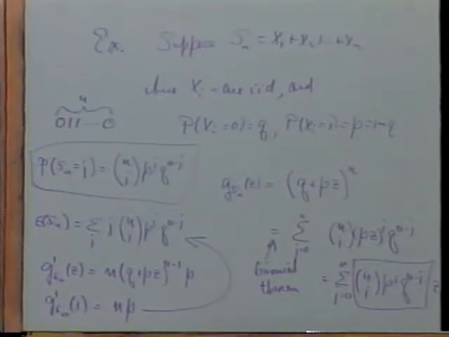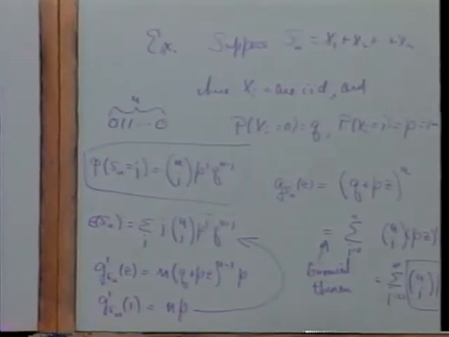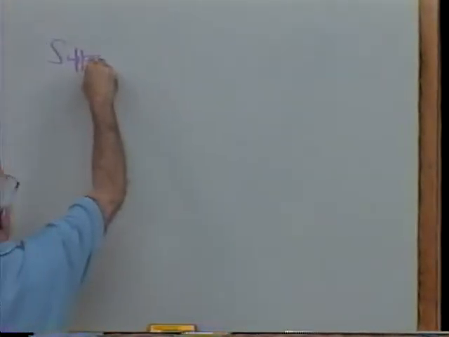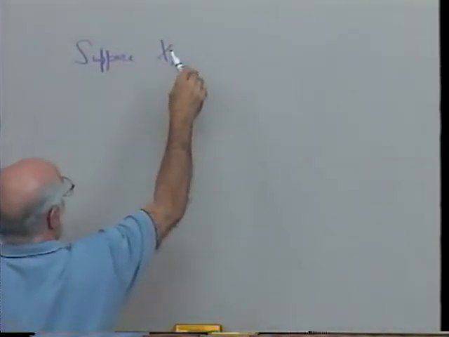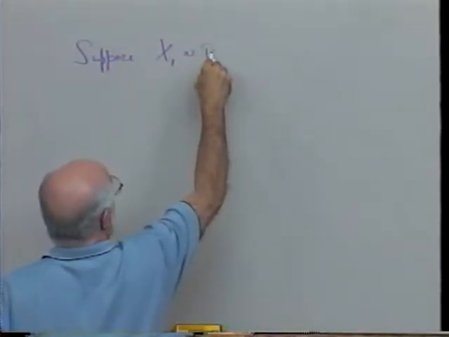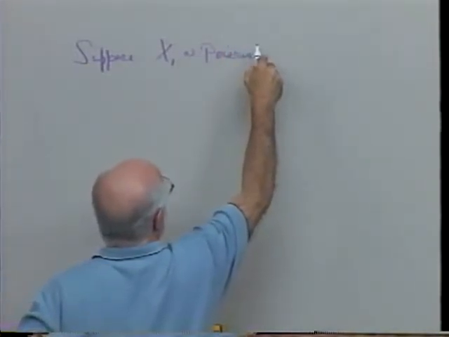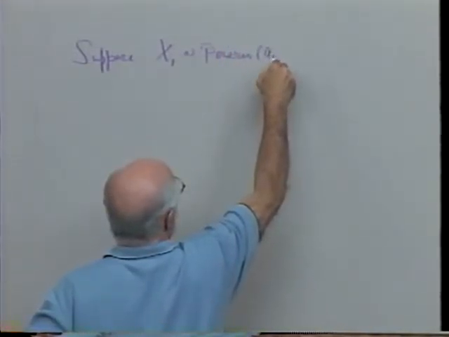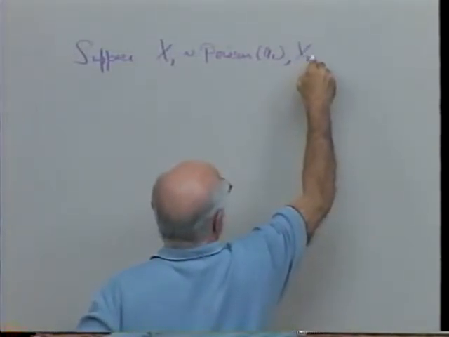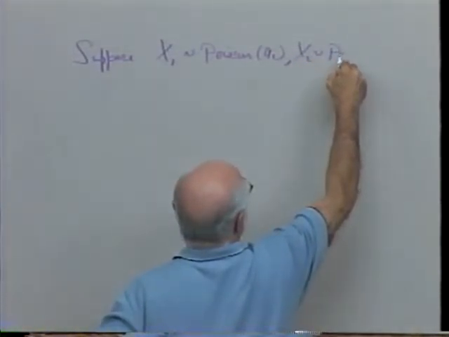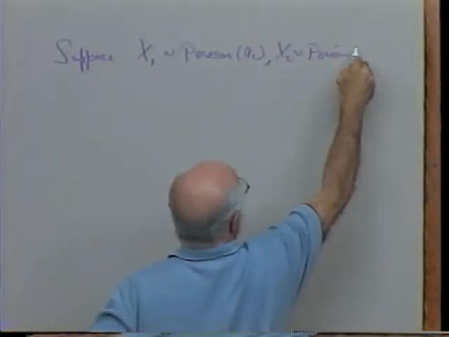Okay, let me give another example. Suppose x1 is Poisson, so I'm just making up some notation here. x1 is Poisson with parameter a1, and x2 is Poisson with parameter a2.